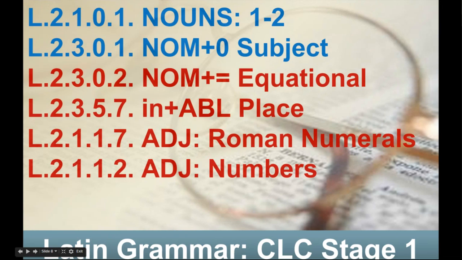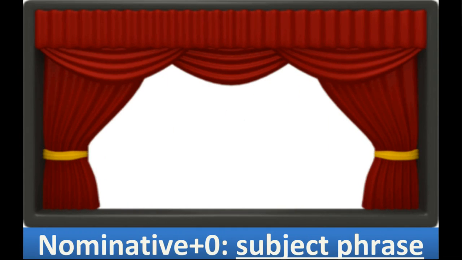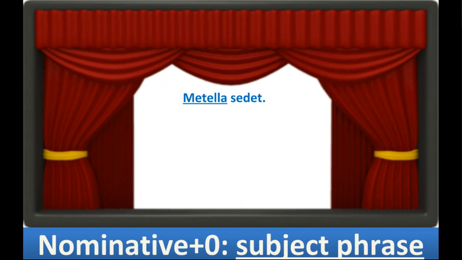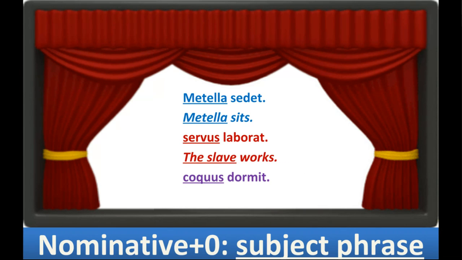Now let's talk about how we use the phrases. Let's start with the simple one, the nominative, which is used for subject phrase. Metella sedet, we've seen it in the passage. Metella sits. Servus laborat, the slave works. Coquus dormit, the cook sleeps.